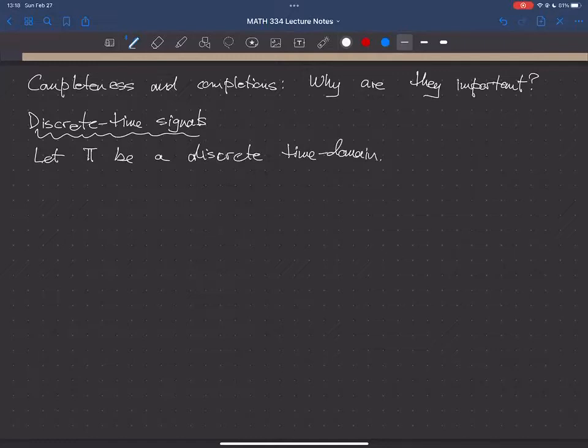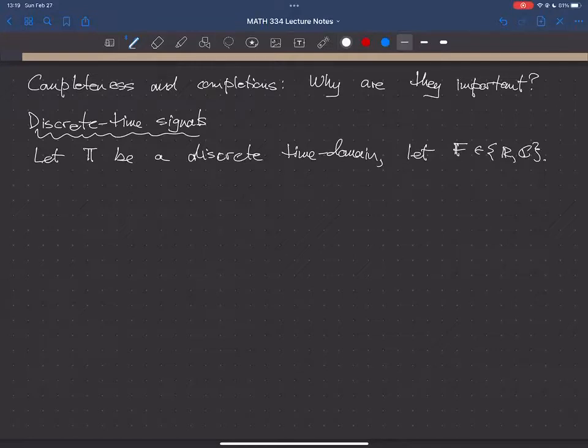And I want to talk about various kinds of, or spaces of, F-valued signals, where, as always, F is either R or C. I want to be able to talk about classes of discrete time signals, so I'm just going to write down the common classes of discrete time signals that we're going to talk about. I'm just going to write down some definitions now.